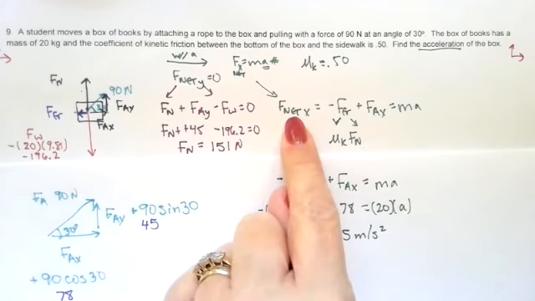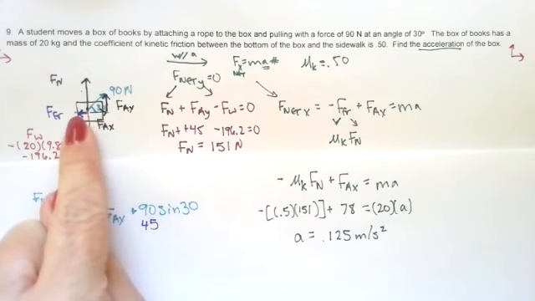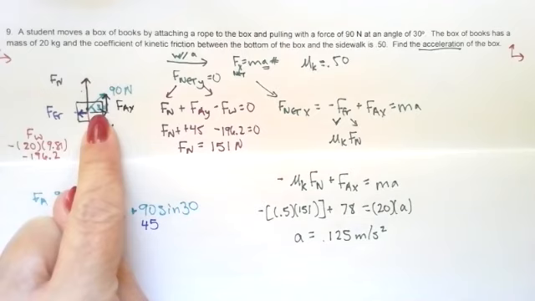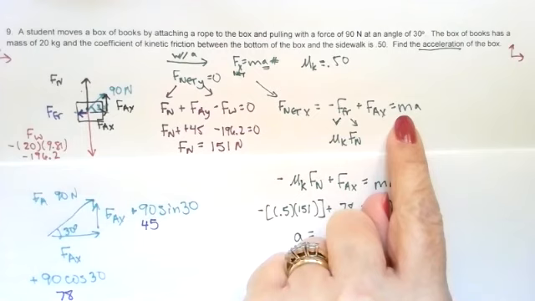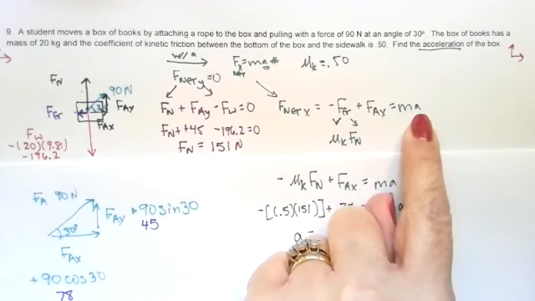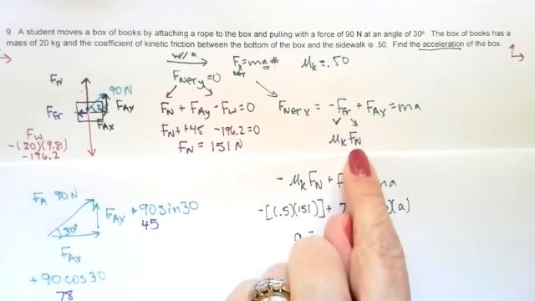I had to remember that my net force in my horizontal is made up of two forces, the horizontal portion of the applied force, and my friction force. The horizontal applied force has to be larger than my friction force. That's going to give me my acceleration. I can take that friction force and I can expand that, mu sub k Fn.